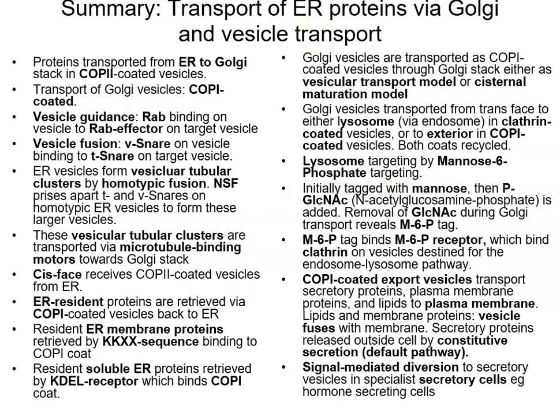And this is just a list of all of the things that we've covered in this video and the previous video, also linking back to things that we learnt about last week, linking back to the RABs, effectors, SNAREs I mentioned there, vesicle fusion. We've got some of the key signal peptides, the KDEL receptors, the KKXX sequence for retrieval back to the ER.